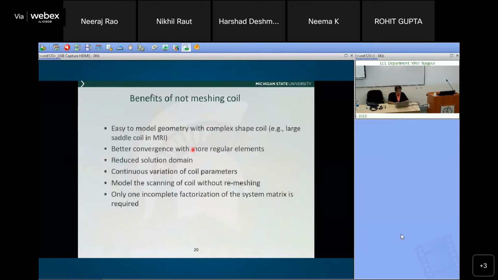And we don't have the coil elements anymore, so the convergence rates are better. The solution domain is smaller, so you can change from one probe coil to another without changing the basic finite element model. You can model the scanning without remeshing the coil at each position, and only one incomplete factorization is needed. So it reduces the time quite a bit.